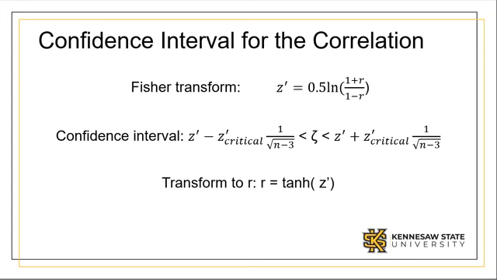Z critical prime is based on a normal distribution. Zeta is the transformed population parameter from the population correlation ρ. N is the number of pairs of data. Once we have the lower and upper limits of the confidence interval, we can then transform the Z prime back to a correlation.